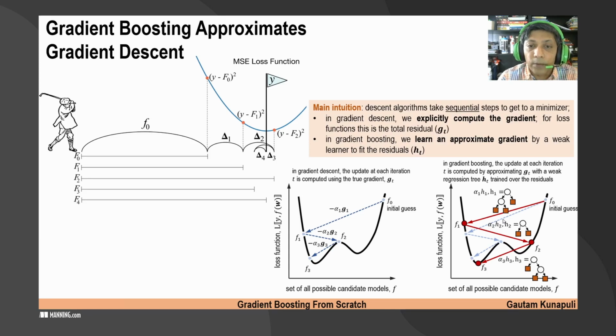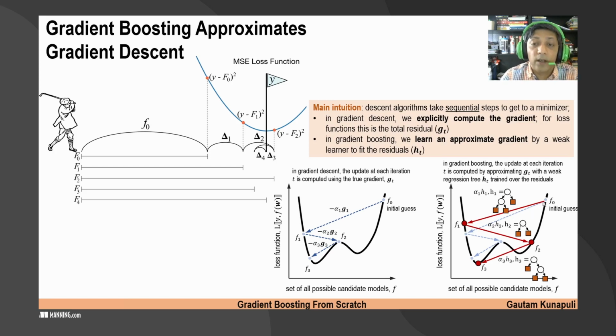So what this lets us do is, you can see that here, if you replace the true gradient with this thing that we've learned, the final model that we have, F3, is really going to be, if you backtrack from here, H3, which is your approximation here, plus H2, which is your approximation here, plus H1, which is your approximation here.